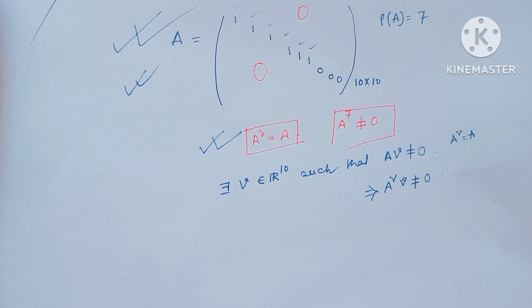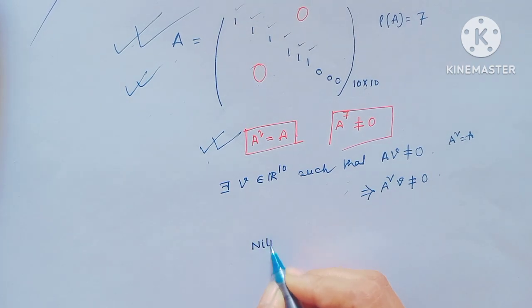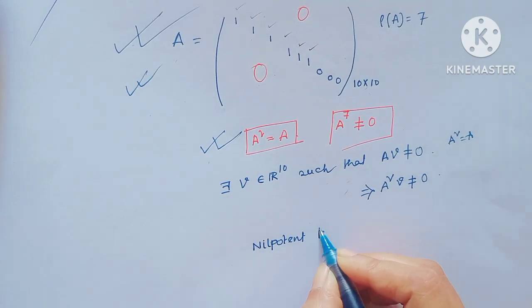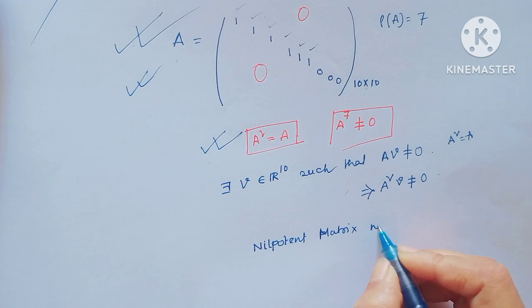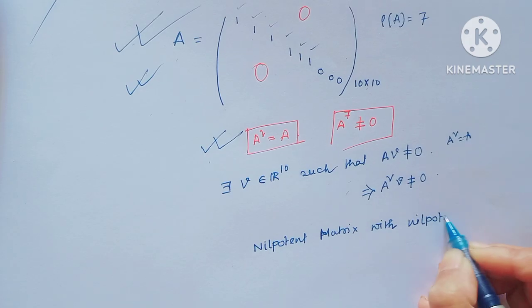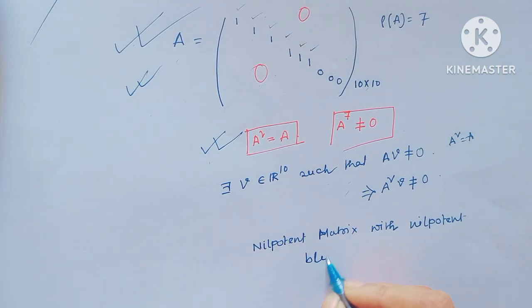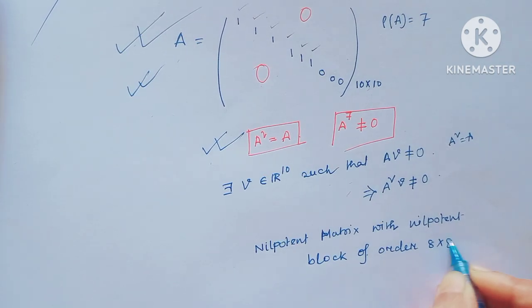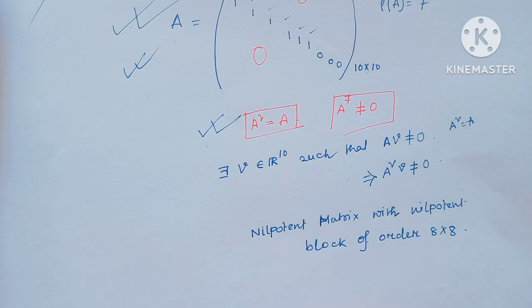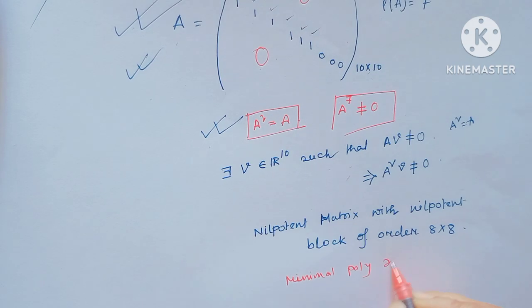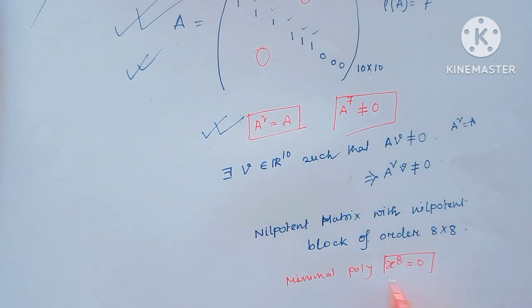Is it a true option? For this, consider a nilpotent matrix with a nilpotent block of order 8 cross 8. That means the minimal polynomial of this matrix would be x to the power 8 equal to 0.